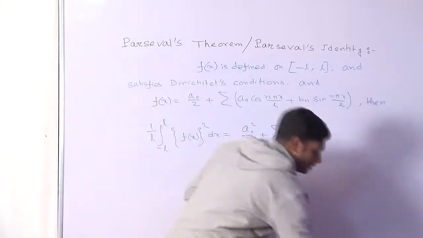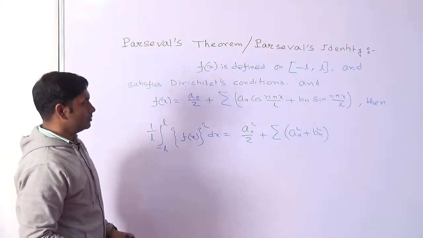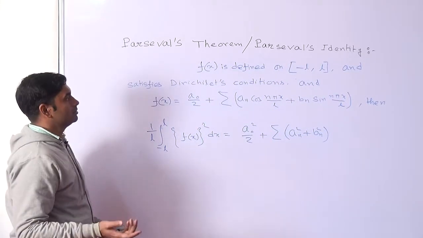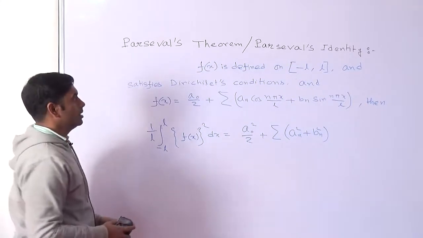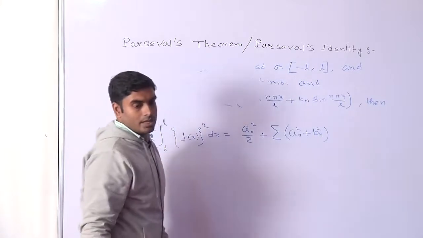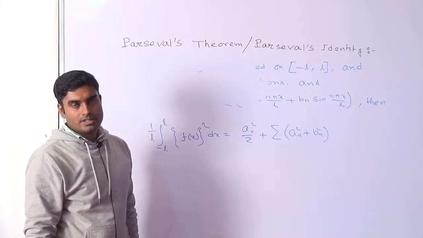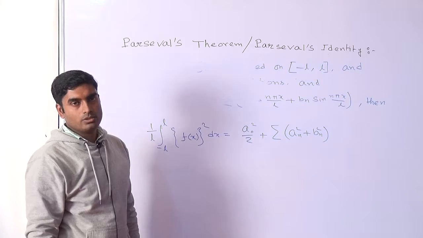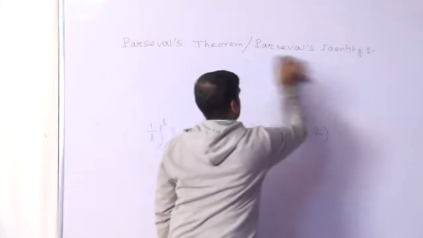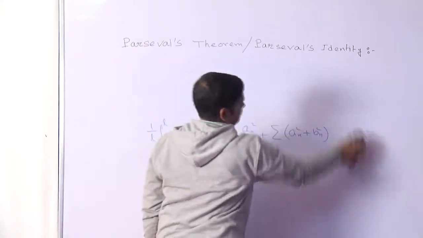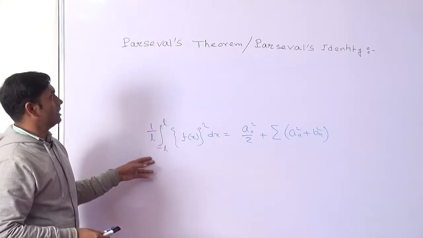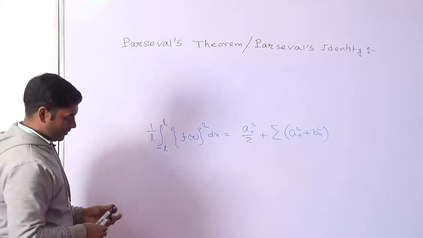So let's take our original first example of the Fourier series, where the function f(x) was x² and the range was -π to π. We apply Parseval's theorem for that function.